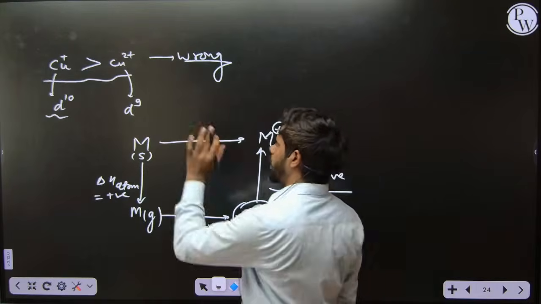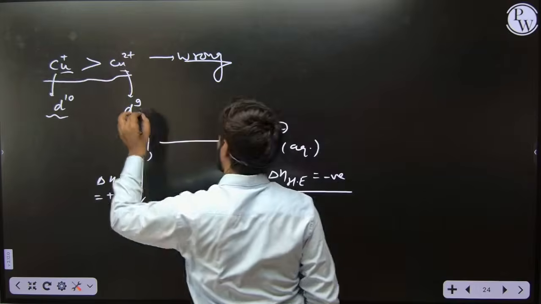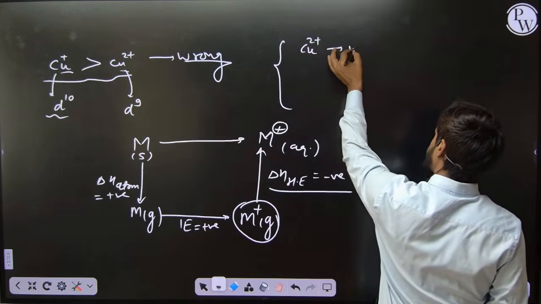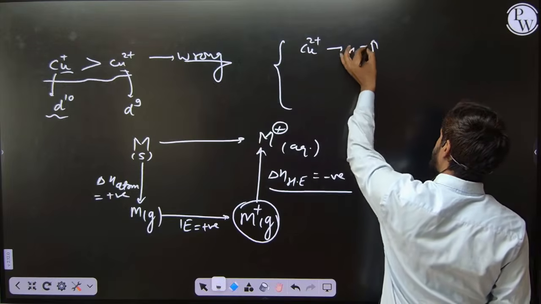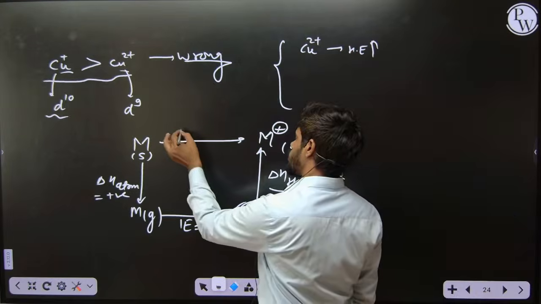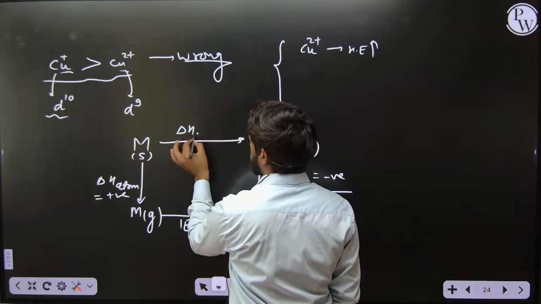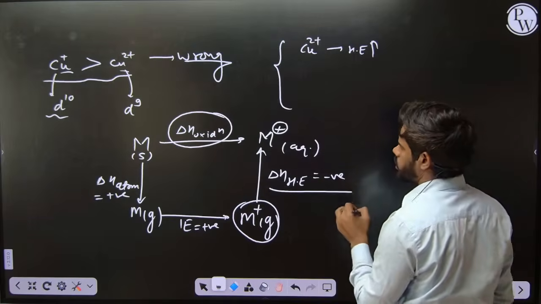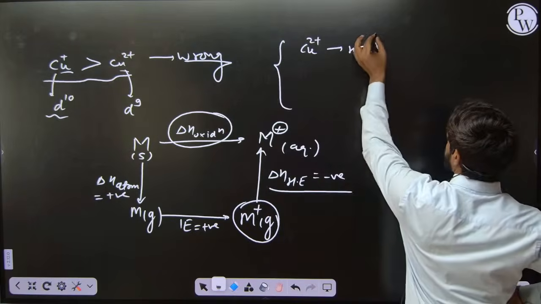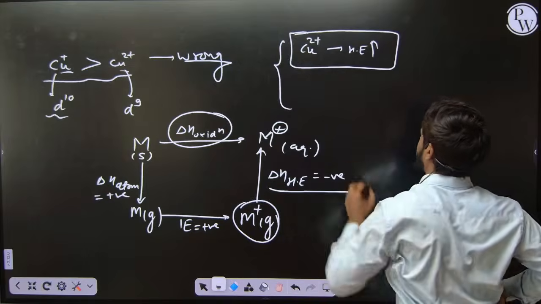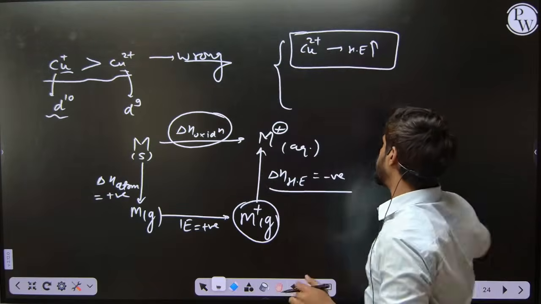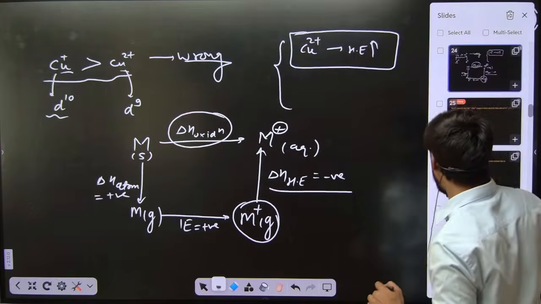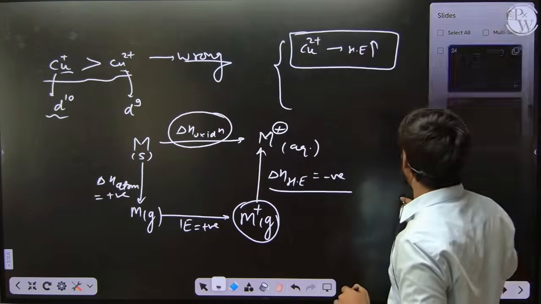In case of copper 1+ and 2+, for copper 2+ the hydration energy is high. If hydration energy is higher, the delta H of oxidation will be less, and the process will be easier. For copper 2+ the hydration energy is very high, which means the released energy will be high. So copper 2+ is more stable.